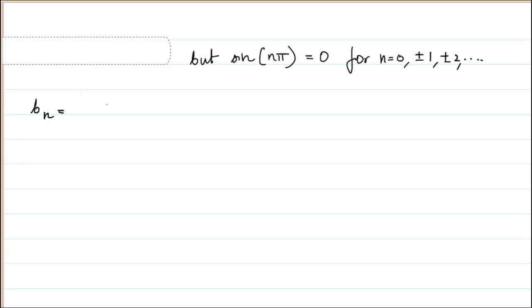Therefore I will get b of n should be 0.